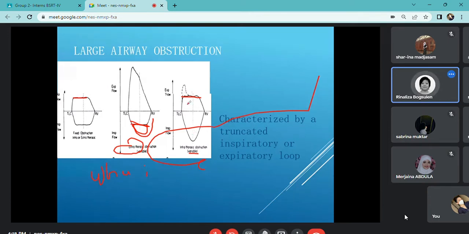Where is the obstruction? Inside. Intrathoracic. Okay? Maliwanag po. Pag both, walang problema. Kasi you know that that is fixed obstruction, whether intrathoracic or extrathoracic. Okay po?